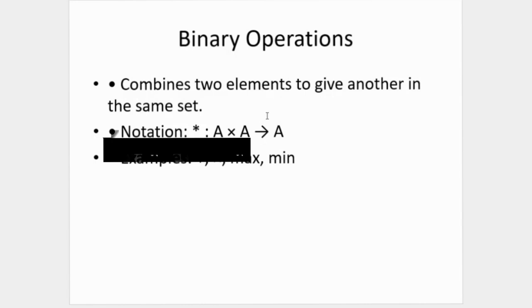So for example, last week we looked at the set of real numbers, right? And for the set of real numbers, if you perform an operation with two real numbers and it gives you another real number, then that's a binary operation. Examples of that are addition, multiplication, maximum, minimum, and so on.